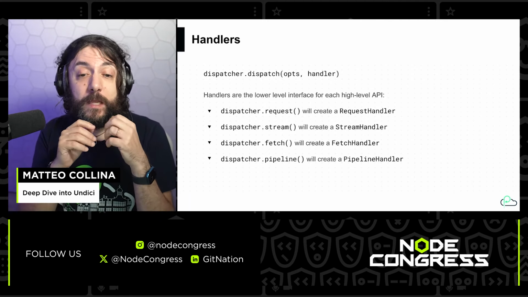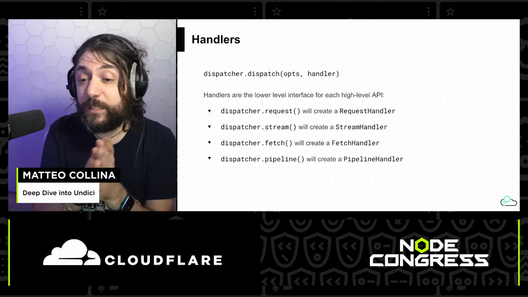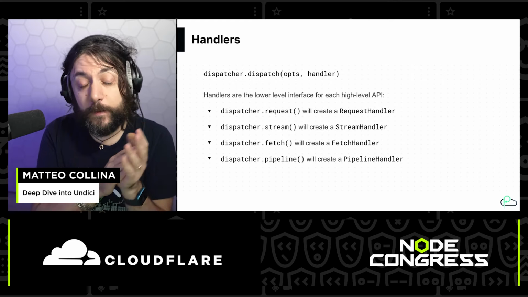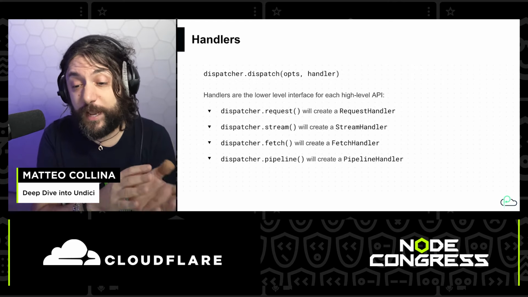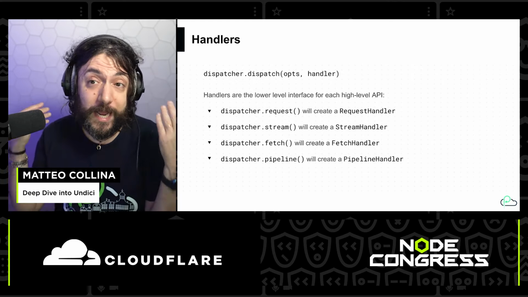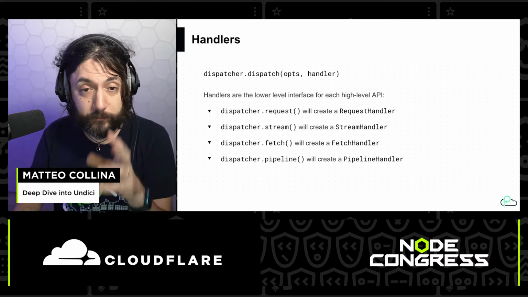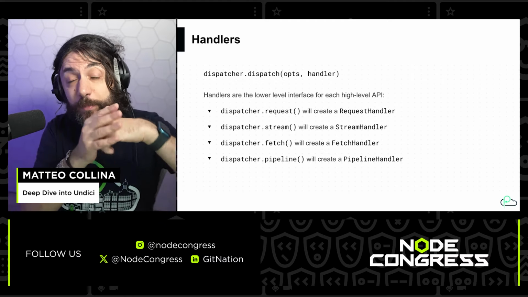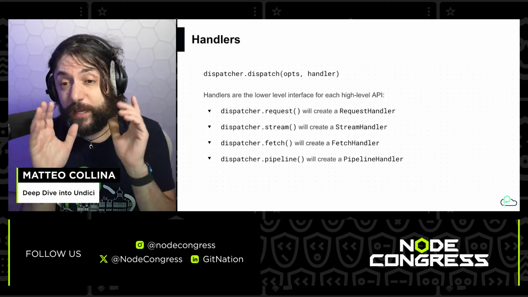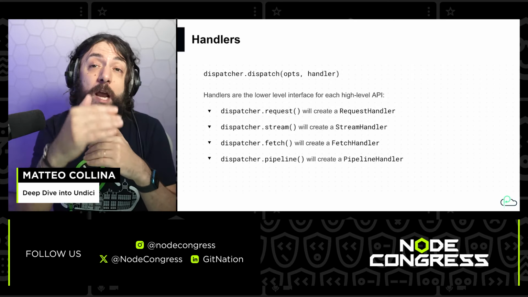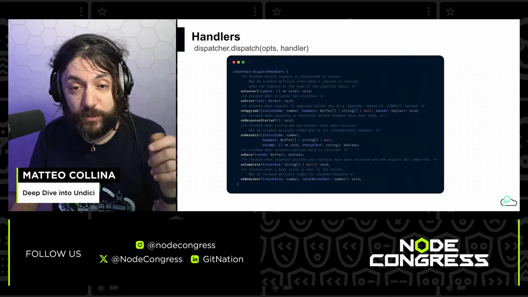If you're calling dispatcher.request, internally it will use a request handler, stream handler, fetch handler, or pipeline handler. This is how we separate the lower level interface, which is dispatch, from the higher level ones like request, fetch, stream, and so on.